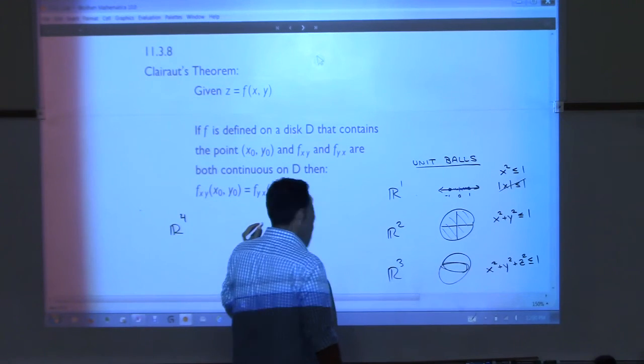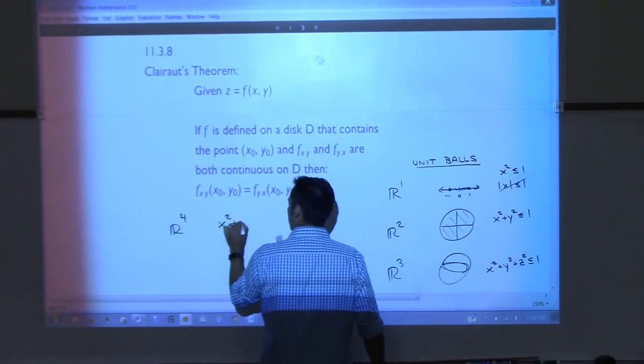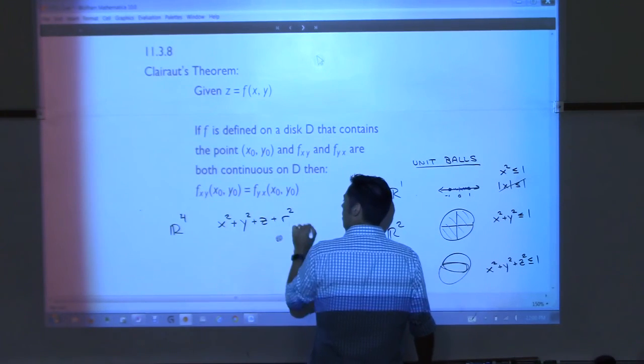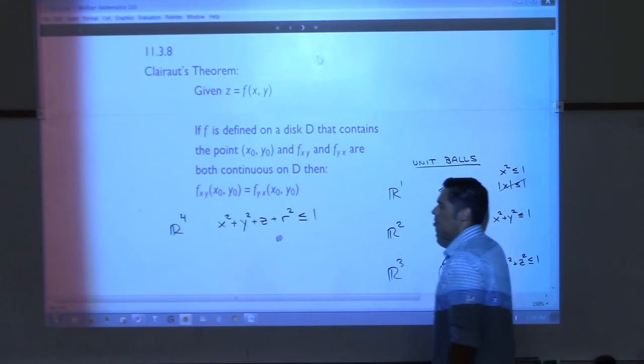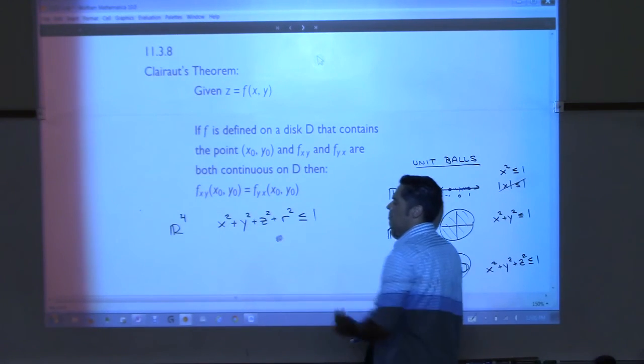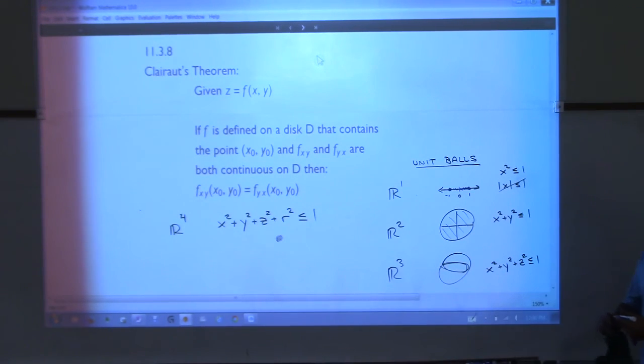Yeah, I can't draw it for you, but what I can tell you is that if you have the 4 variables, if you take the sum of the squares of the 4 variables, that inequality must be true. It's all the points in four-dimensional space that satisfy that inequality. So on and so on.